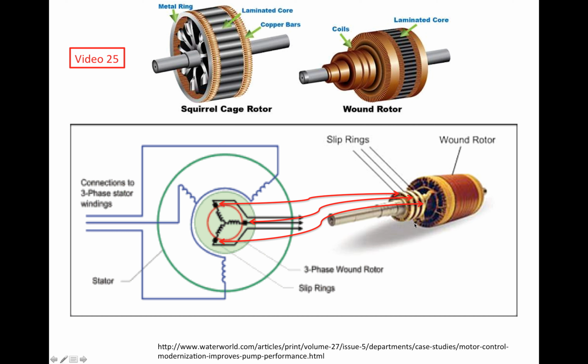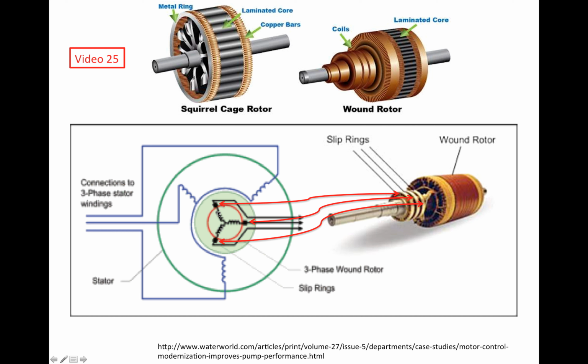You have three phases, and each phase has its own winding. The end of the winding for each phase is connected to one separate slip ring, which is normally just a copper band molded onto an insulating material and then pressed on the steel shaft of the rotor.